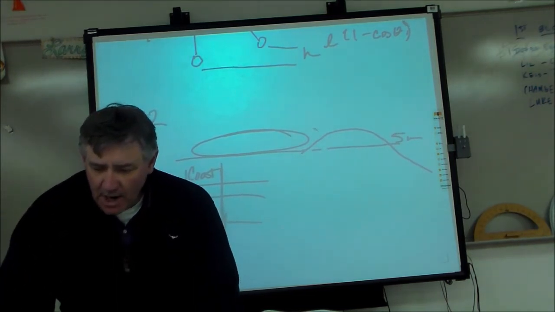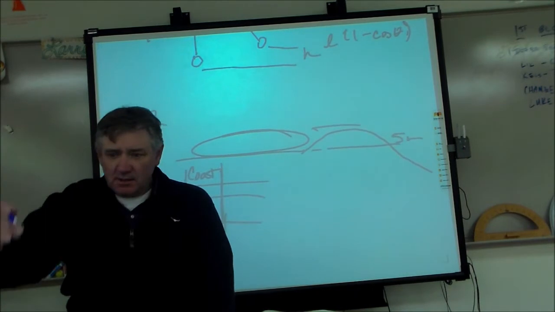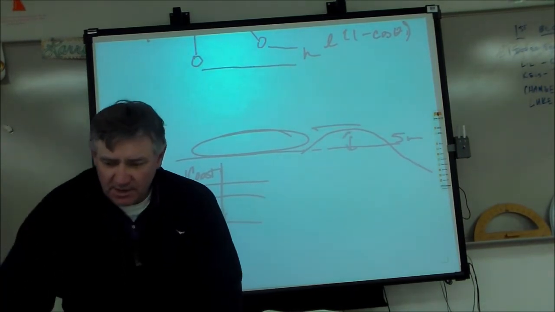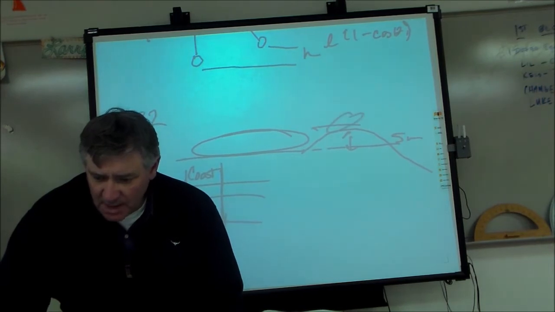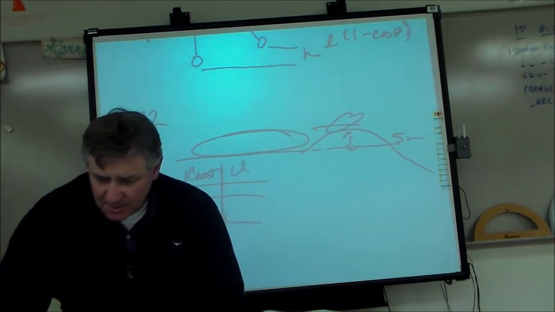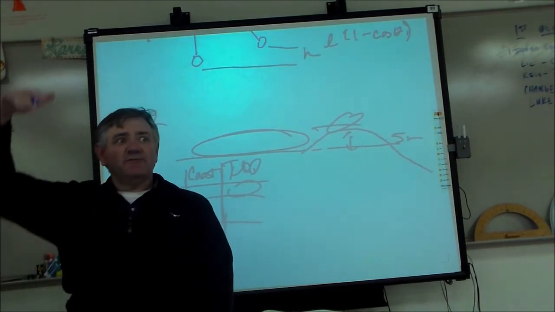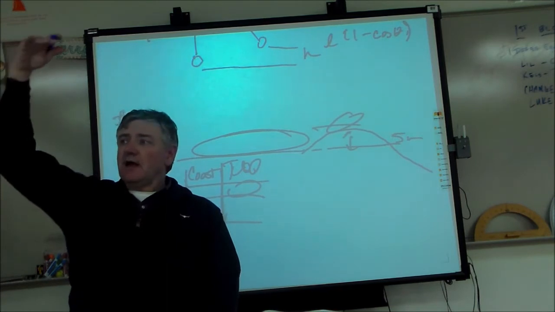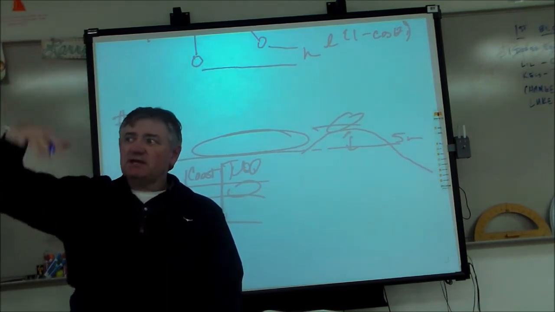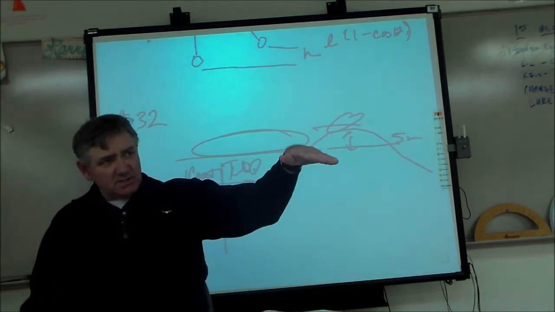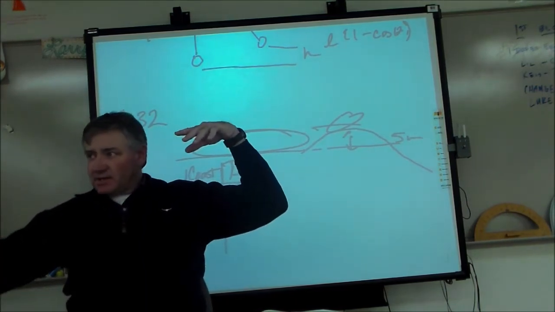Then you can say, okay, how much energy would it take to move up that height? If I'm up there at the top, how much energy is it going to take to lift that up? If that amount of energy it takes to move up to that height is less than the kinetic energy that you have, it's going to make it up the hill.